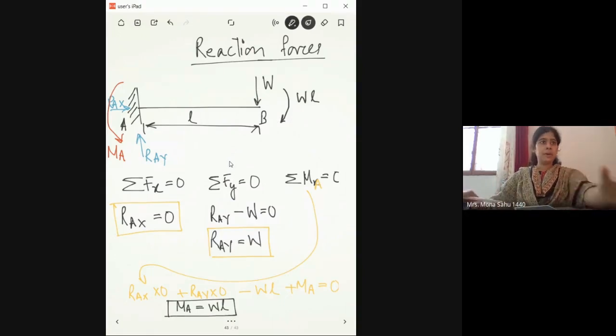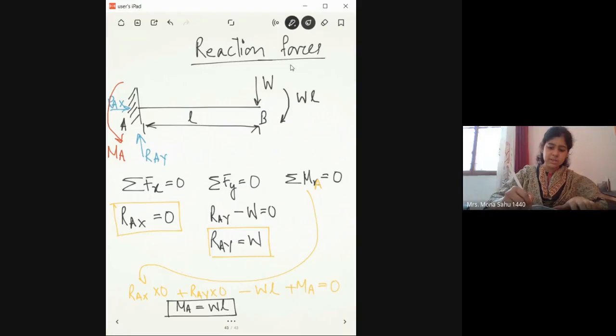Are you following me? Did you understand? The sign conventions that we are using is same. Upward force positive, downward force negative, right side positive, left negative. Anti-clockwise is positive and clockwise is negative.